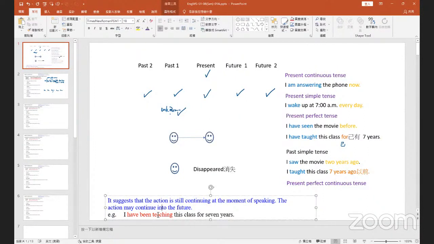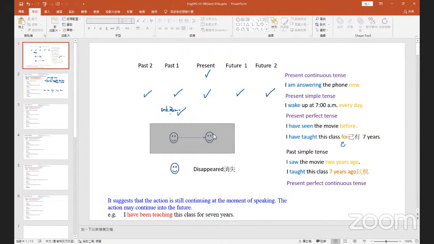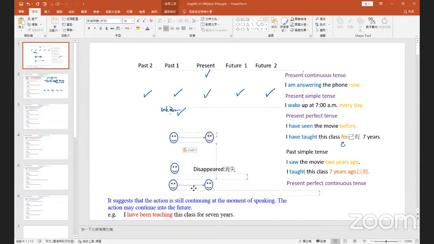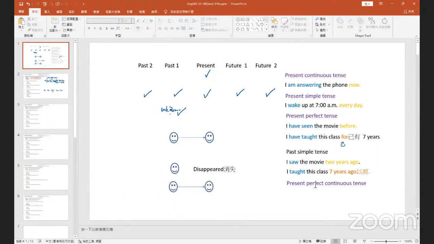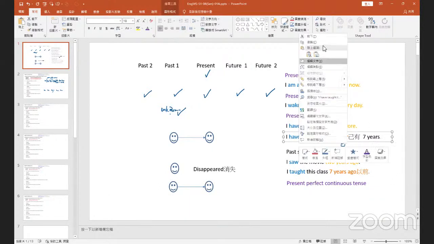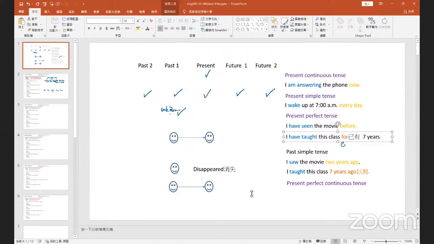Like this sentence, I have been teaching this class for 7 years. It is for something that happened. Now maybe I type it up again. I have been teaching this class for 7 years.